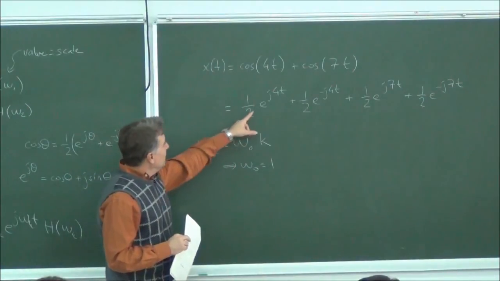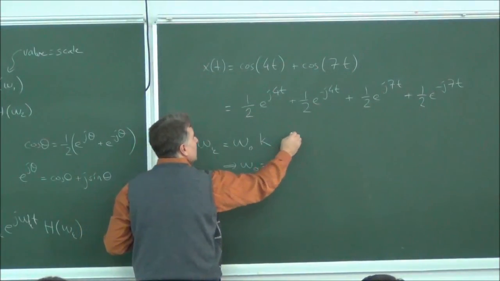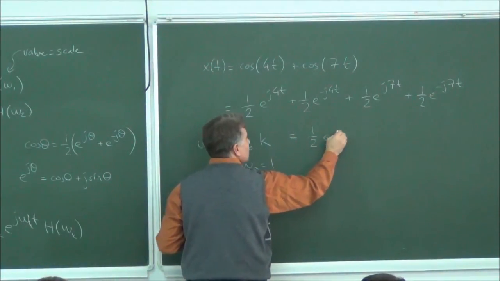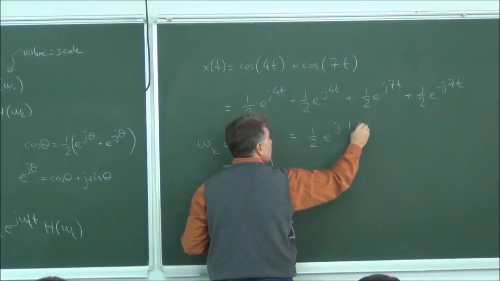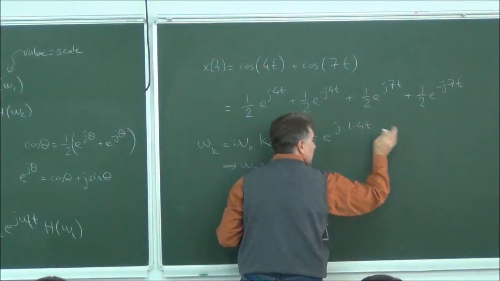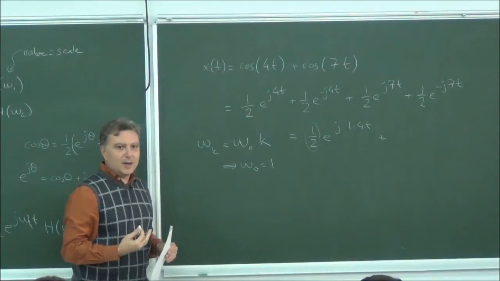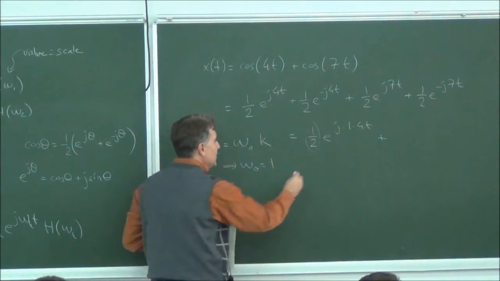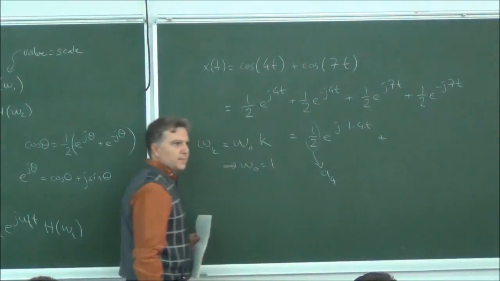Then, if omega 0 is 1, what do we have? It's equal to 1 over 2 times e to the j times 1 times 4 times t, plus, we will continue, this 1 over 2, what is the corresponding k now here? The corresponding k is 4, which means this is equal to a4.